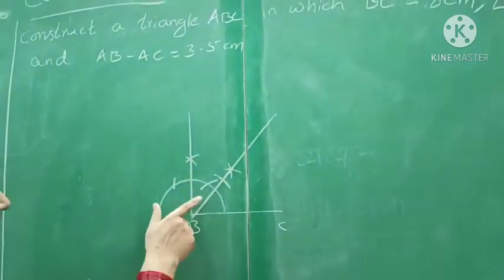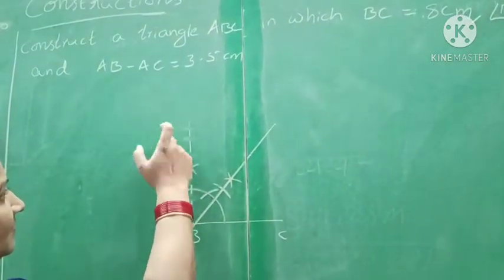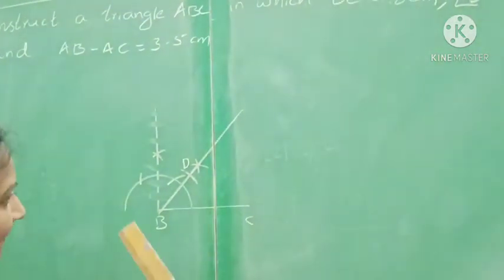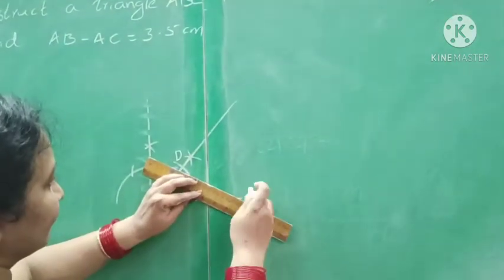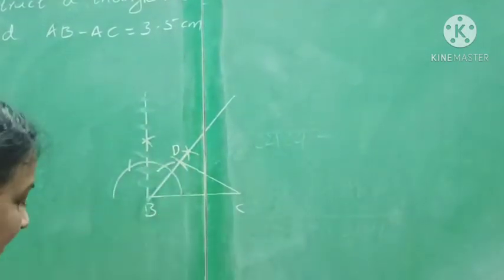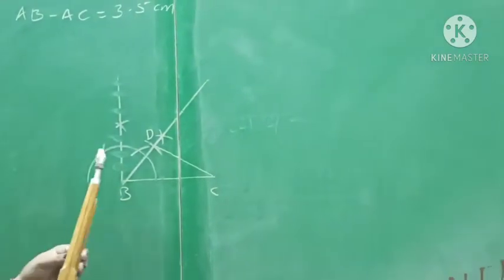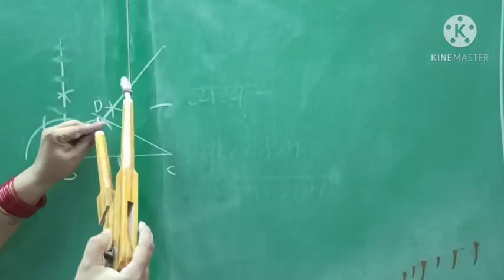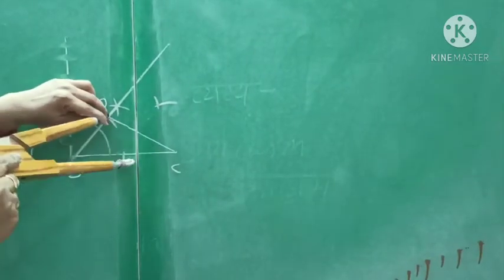Here is our DC. This is D. Now join DC. Again draw the perpendicular bisector of DC, above and below the line.